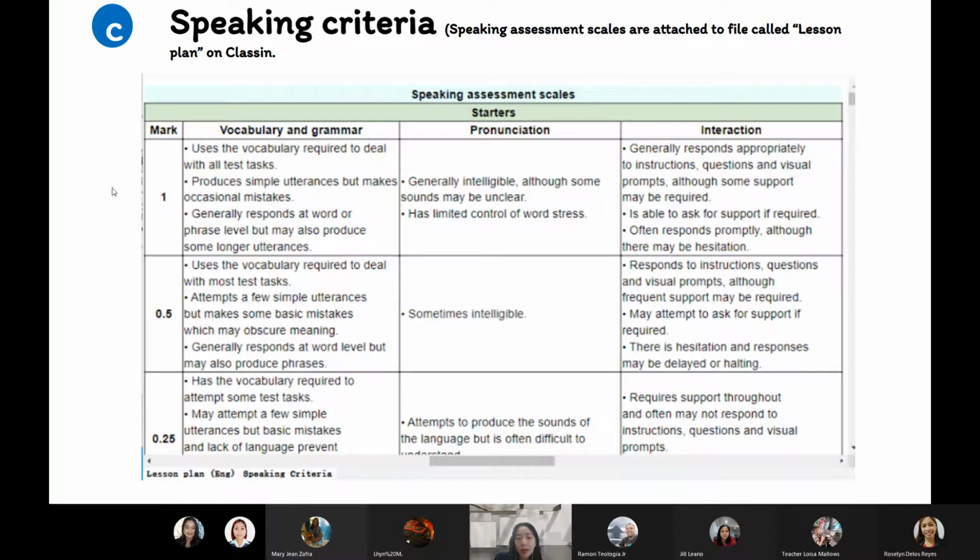So you can see here there are 3 categories. The first one is vocabulary and grammar. The second is pronunciation, and the third one is interaction. And it is divided into levels from 1 to 5, and you will range them depending on their answer.